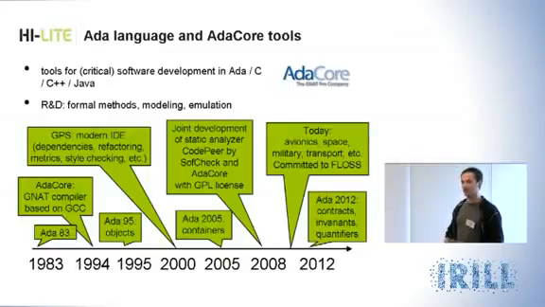I've mentioned already the SPARK tool set, which is GPL since 2008 also. And today we have a lot of customers in avionics, space, military, transportation, health, and all our tools are GPL. And we're really pushing it because it helps in our market, and it helps in the kind of collaboration that I'm showing here.